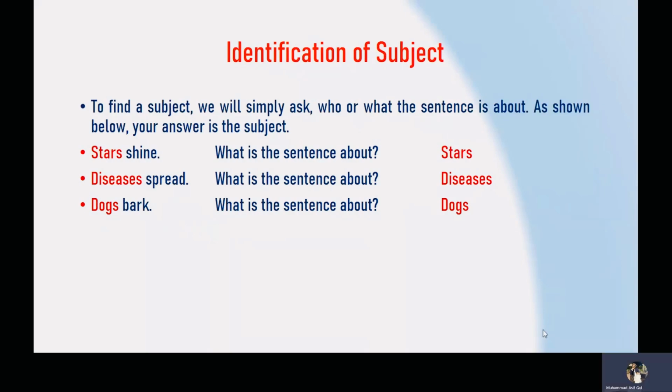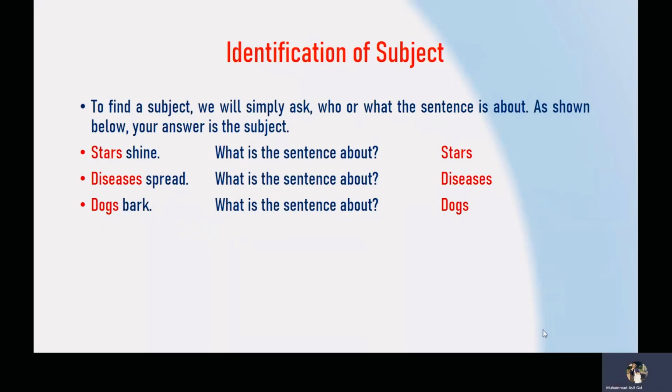Let's see how we can identify a subject in any sentence. This is simple. We'll have to ask this simple question that who or what the sentence is about. For example, we have a sentence, stars shine. Now, what is the sentence about? It is about stars. So, stars is the subject.